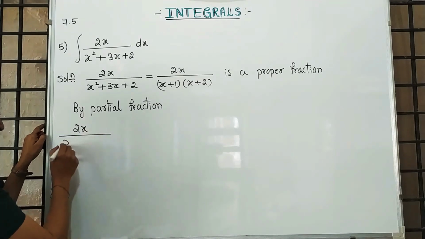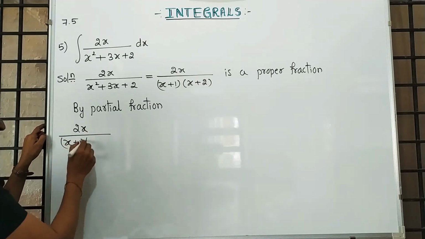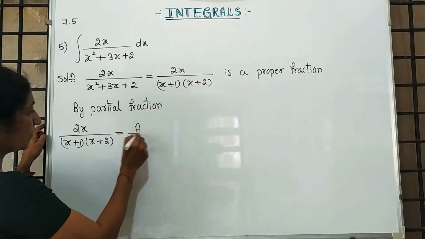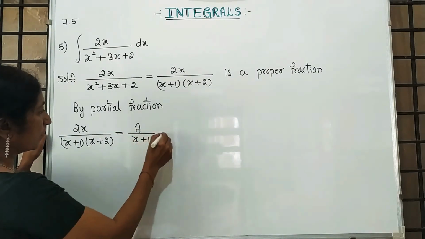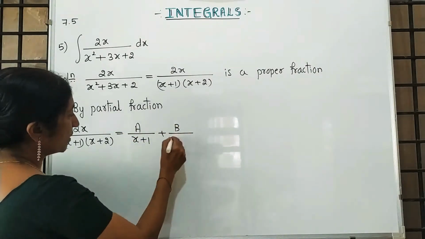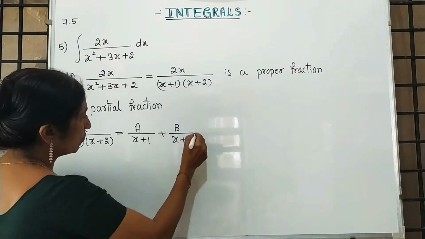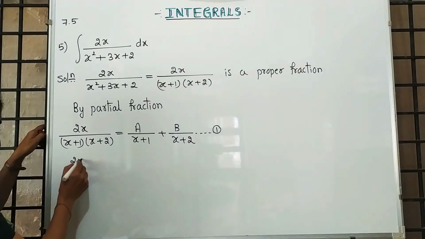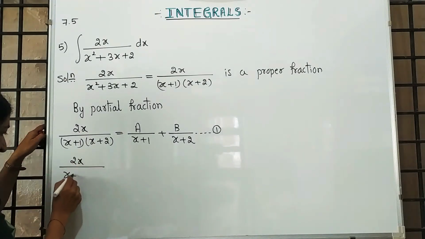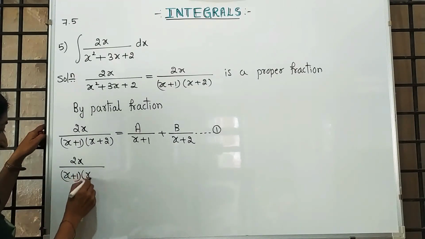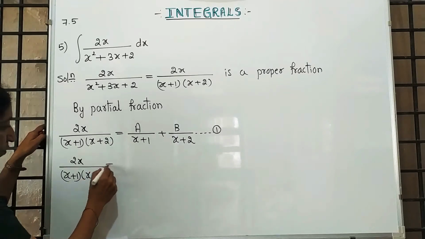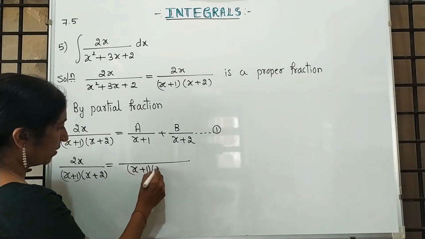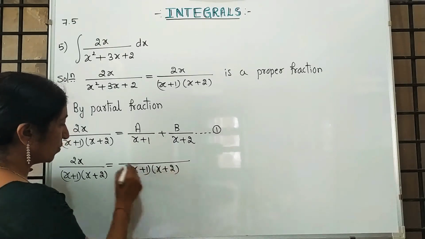Next, by partial fraction, 2x upon (x plus 1)(x plus 2) is written as a upon x plus 1 plus b upon x plus 2. Let us call this equation 1. This is 2x upon (x plus 1)(x plus 2) is equal to (x plus 1)(x plus 2) taken as LCM.